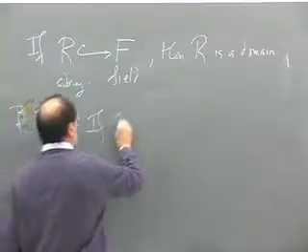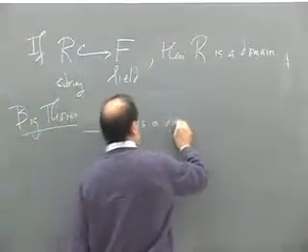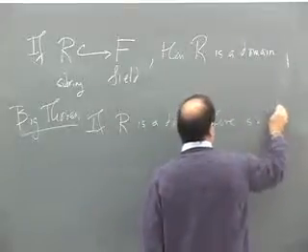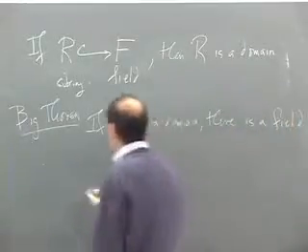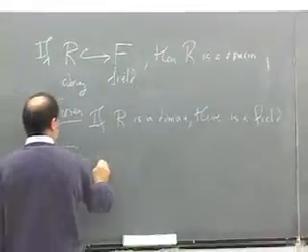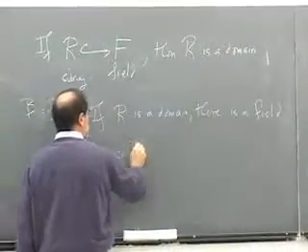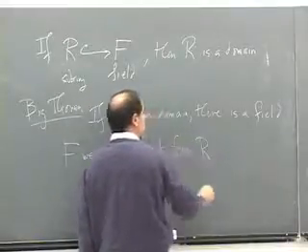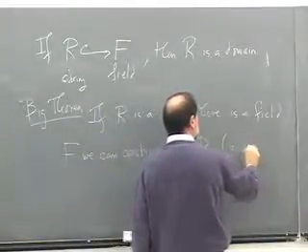If R is a domain, there is a field, F, we can construct from R in a natural way. We'll see it called the quotient field.